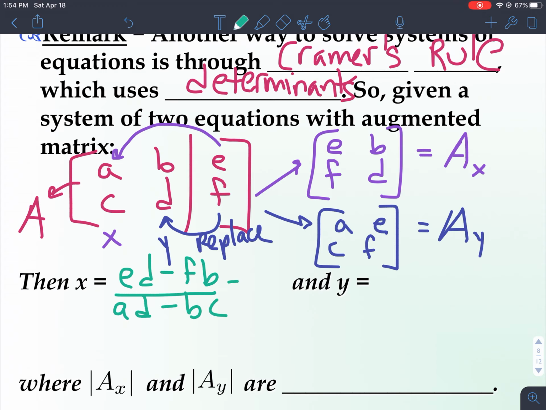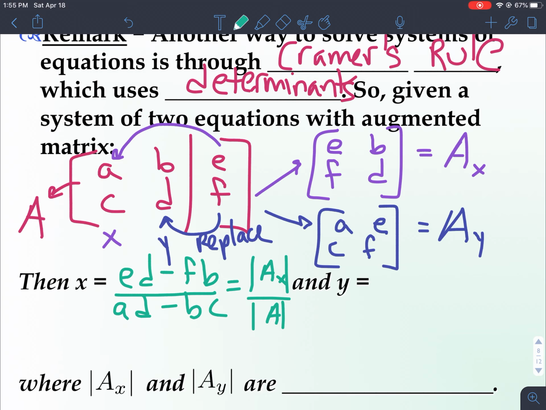We're going to notate this another way, and we're going to write A_X over A. Please notice that this stands for the determinant, that so-called absolute value symbol.